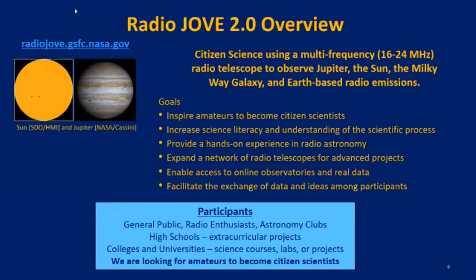And our goal is, of course, to get people interested in science. We're attempting to provide a pathway to allow someone to become more advanced and to become a citizen scientist and contribute science quality data to our data archive and use that to write papers or give professional talks.